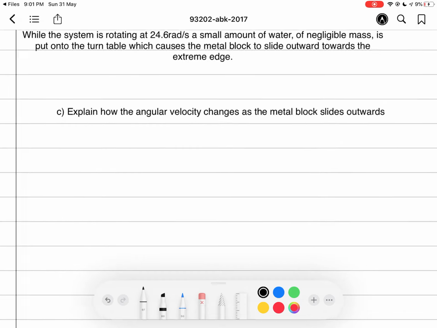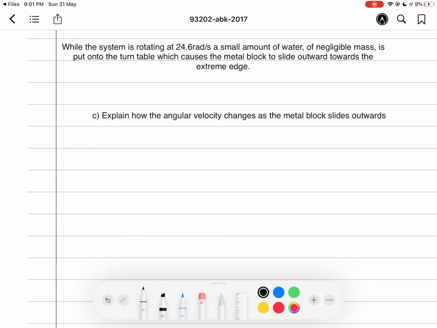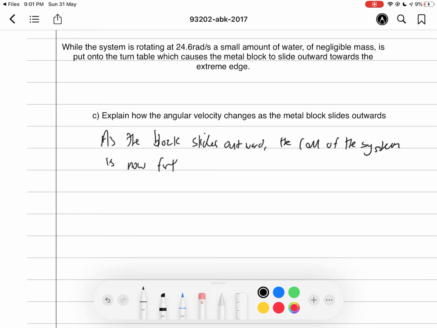Okay. So in terms of writing this in words, we can say that as the block slides outward, the center of mass of the system is now further away from the center of rotation of the system.